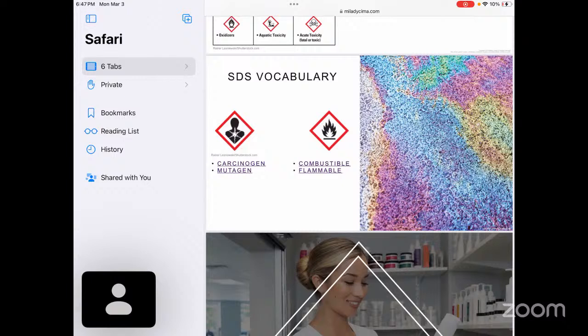Then you have combustible or flammable. This picture of a flame, when you see this, it tells you that this is a potential for this product to burst, or it's the potential of this product to catch on fire.